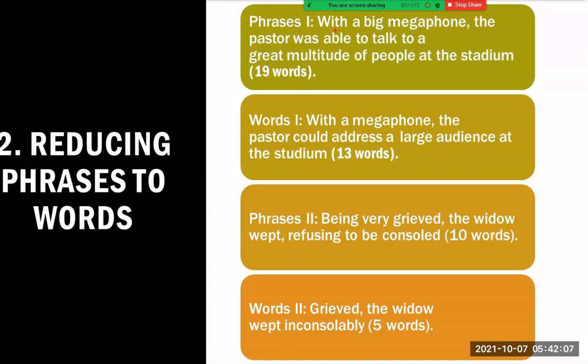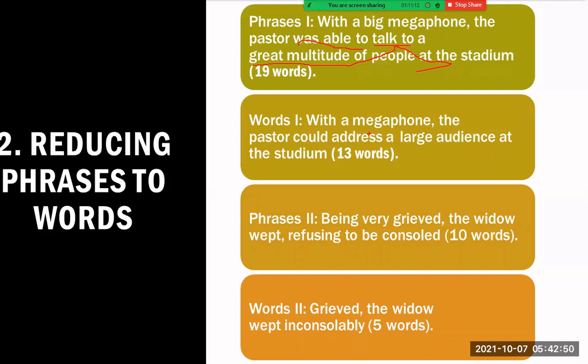The phrase we want to look at is "a great multitude of people." And then we look at "was able to," we can reduce it. Then "talk to," we can change this to "address." When you talk to people, you address them.